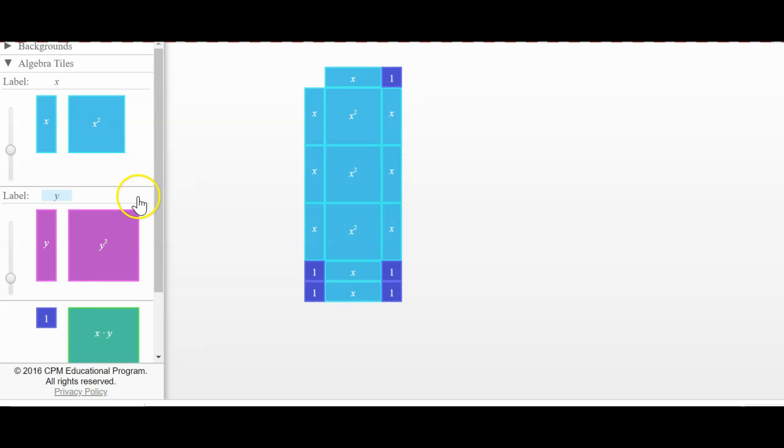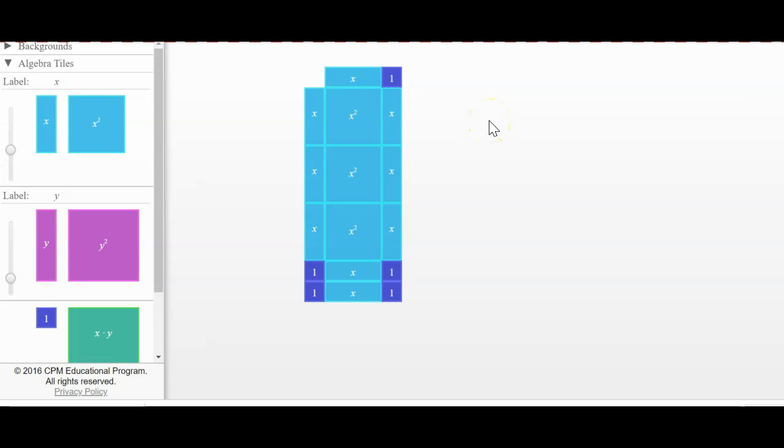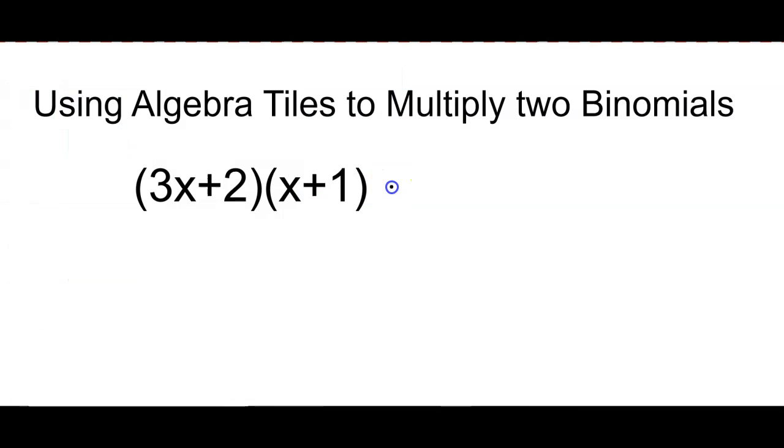So I don't see where I can put a bar in. There might be somewhere on this page, but I haven't worked with this one enough to show you. But keep in mind your answer is what's in here. This is your 3x plus 2. This is your x plus 1. And so we go through and count these. We have 1, 2, 3 x squared. So if I'm writing down my answer, I'm going to say I've got 3x squared.